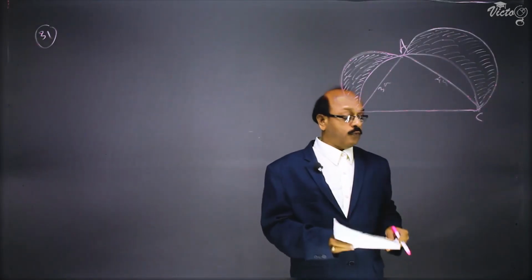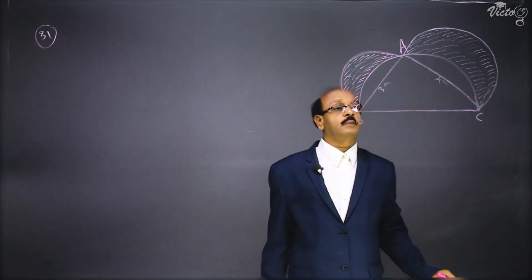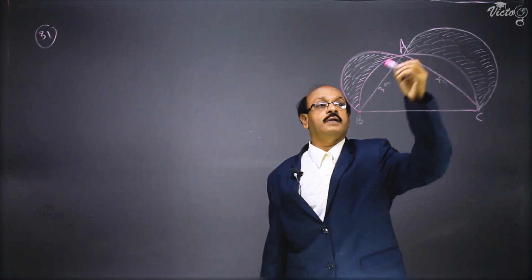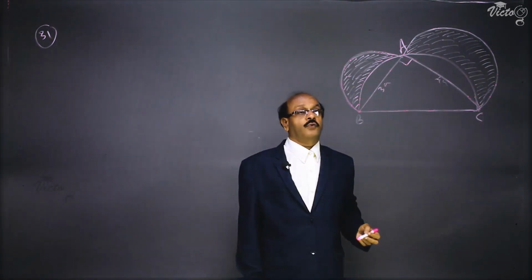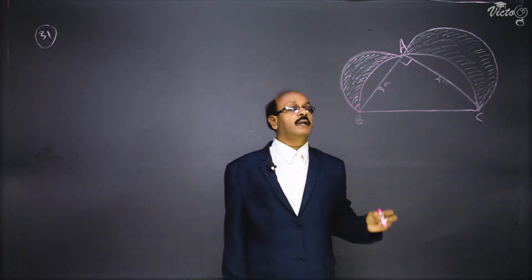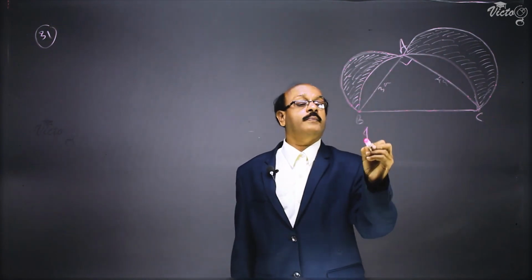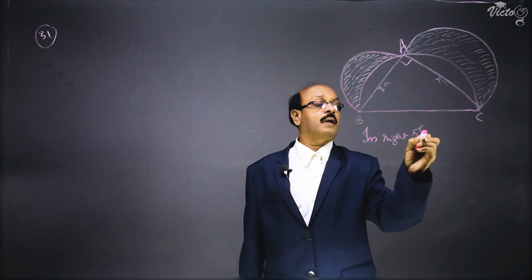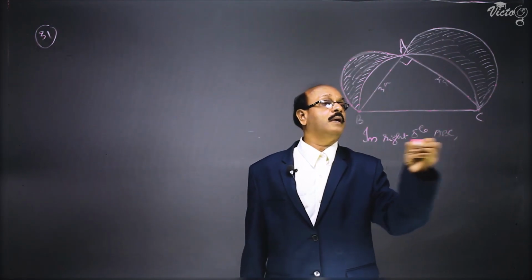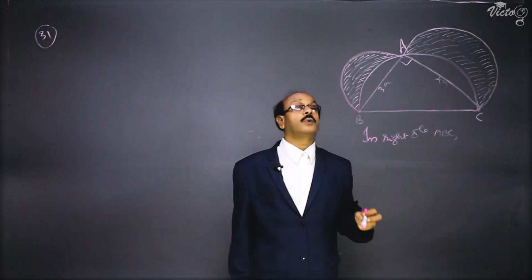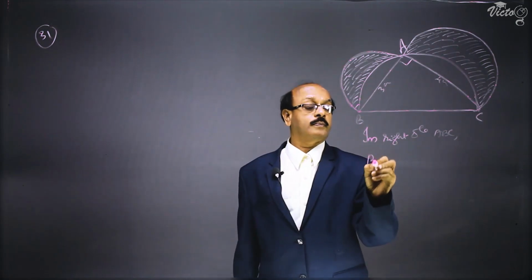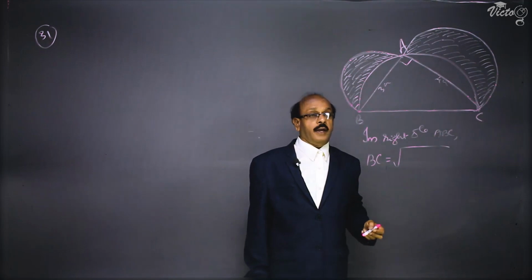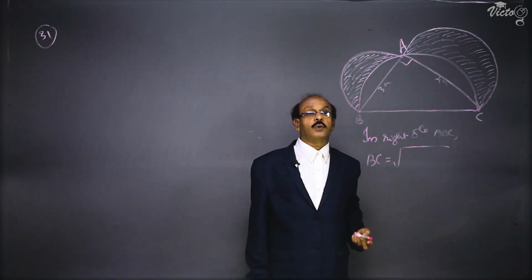So, first of all, we are going to find the length BC. Angle A is equal to 90 degrees, it is given. Therefore, triangle ABC is a right triangle. Since BC is the hypotenuse, we can use Pythagoras theorem.